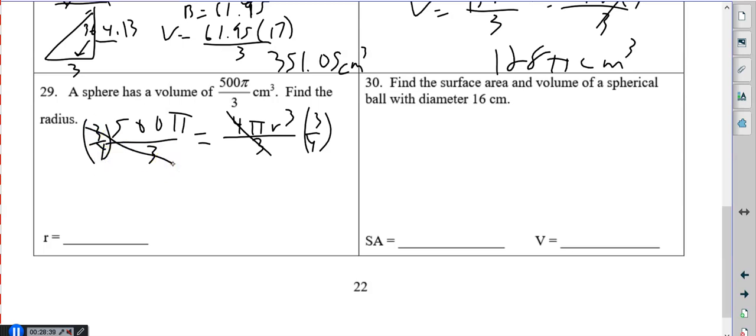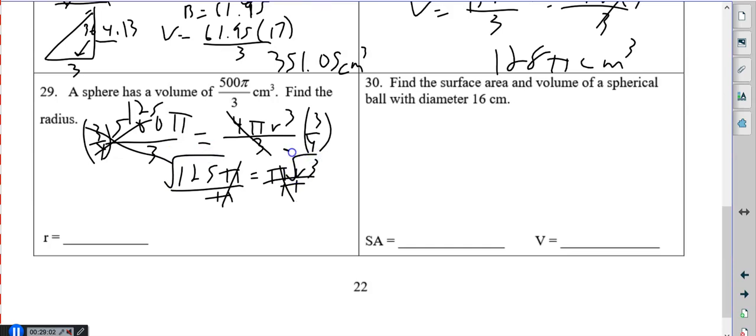And 500 divided by 4 is 125. So what we end up with is 125 pi equals pi r cubed. If I divide both sides by pi, I get r cubed equals 125. And if I cube root, I get a radius of 5 centimeters.